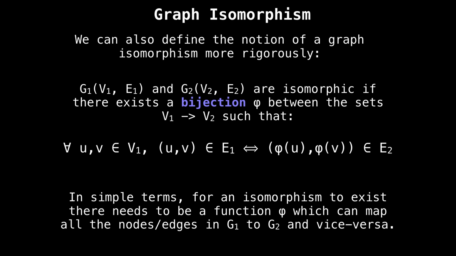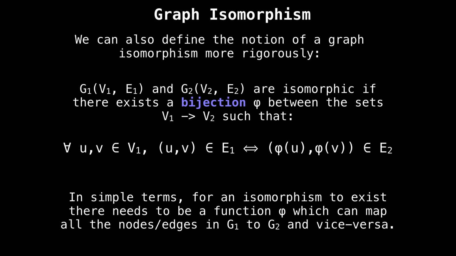So if we define a graph G1 as the set of edges E1 and the vertices V1, and another graph G2 in the same manner, we say that the two graphs G1 and G2 are isomorphic if there exists a bijection between the sets of vertices V1 and V2 such that for all the pairs of vertices which form an edge in G1, applying the function phi to the nodes of all those edges always results in an edge which is present in G2.